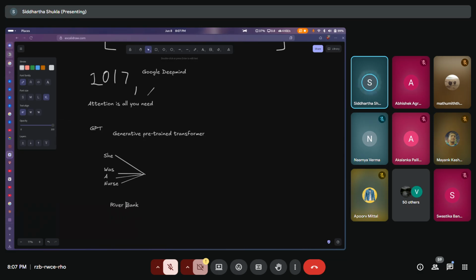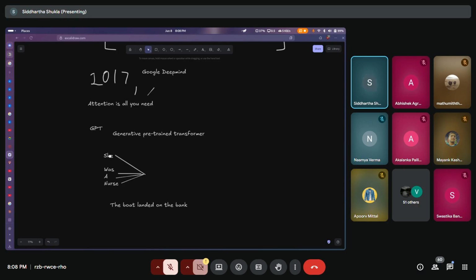To give you a more fair example, what if I say "the boat landed on the bank"? In this case, you can tell it refers to a riverbank. It's not a financial institution. So context is very, very important to process natural language.